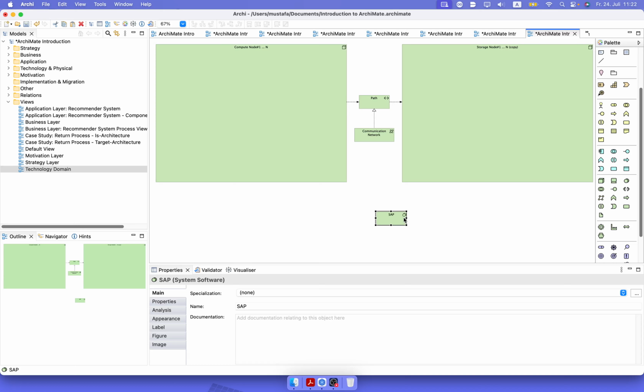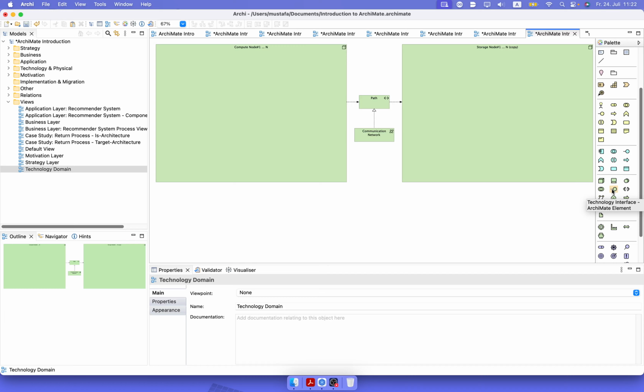This is the annotation used, double circles overlaying each other. So this is one way to model it. Or it could be Linux, Windows. This is also one of the possibilities. Then you have a collaboration of two active structures, of two behavior structures, and then you have interface, again technology interface is different.